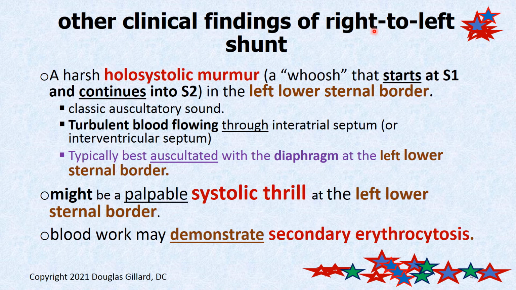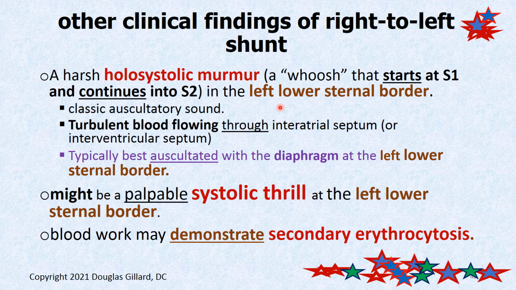Okay, other findings of a right to left shunt. What about some clinical? Let's get out your stethoscope. Make some use of that. So if you auscultate the heart, you could hear what's called a holosystolic murmur, which means it goes through S1 and S2 sounds.